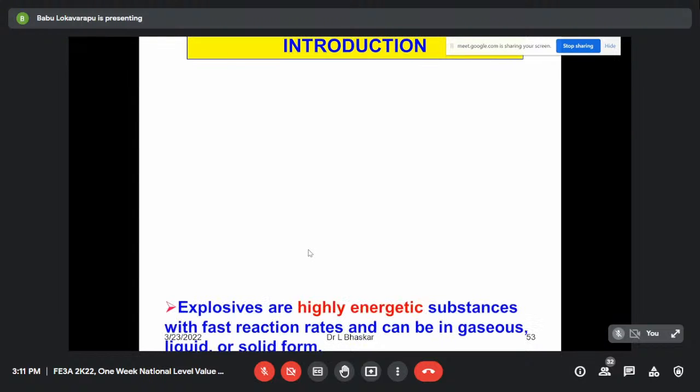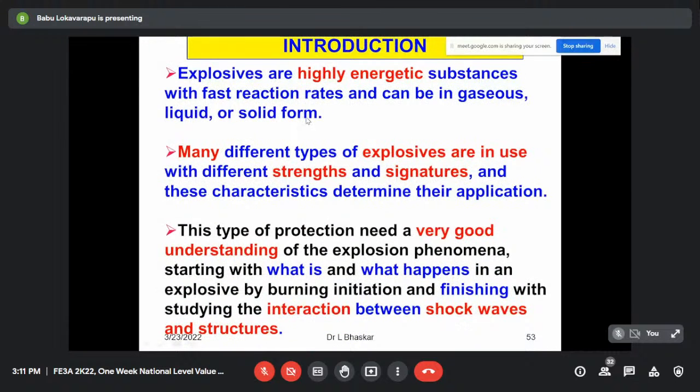These are high energetic substances with fast reaction rates and can be in gaseous, liquid or solid form. Many different types of explosives are in use with different strengths and signatures.